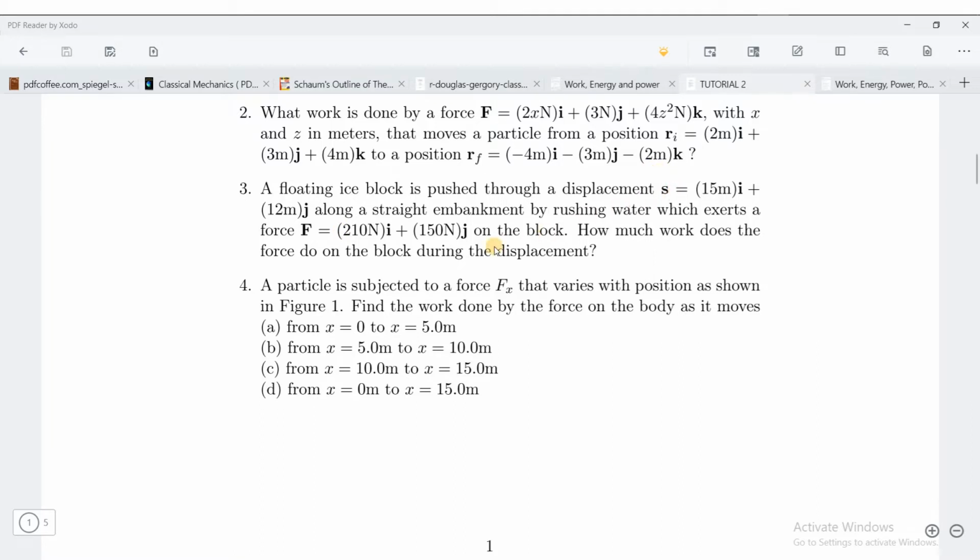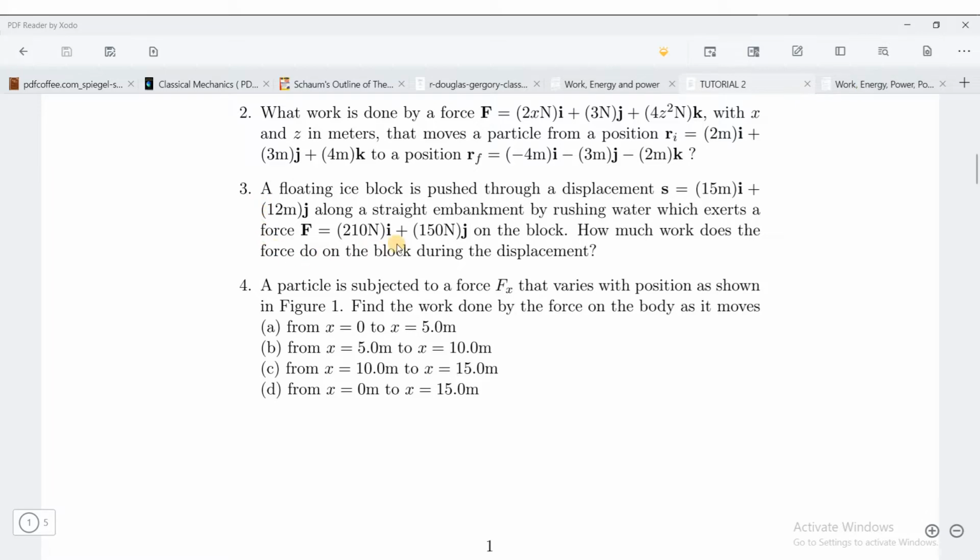I'll repeat. For these problems, when you have a force being pushed through a given displacement like this, when you've been given force and a displacement, then you just take the dot product. So we'll see how this was done.